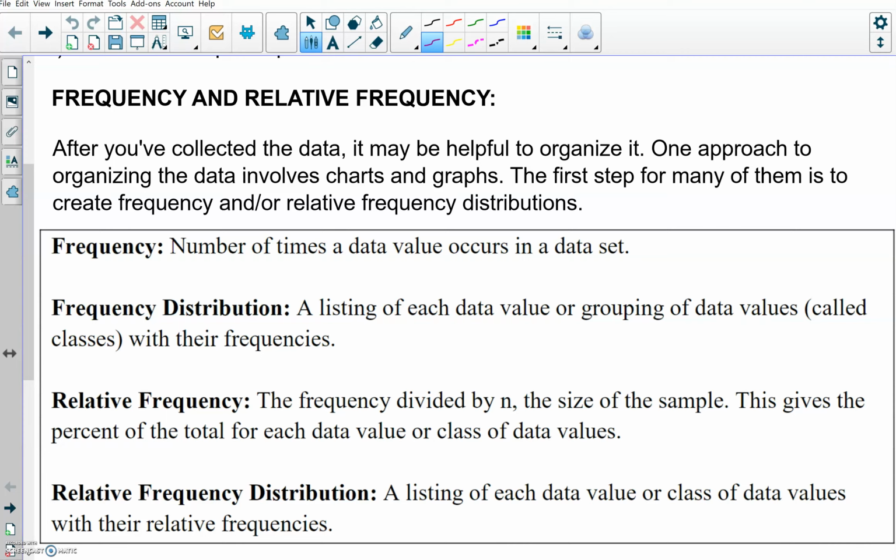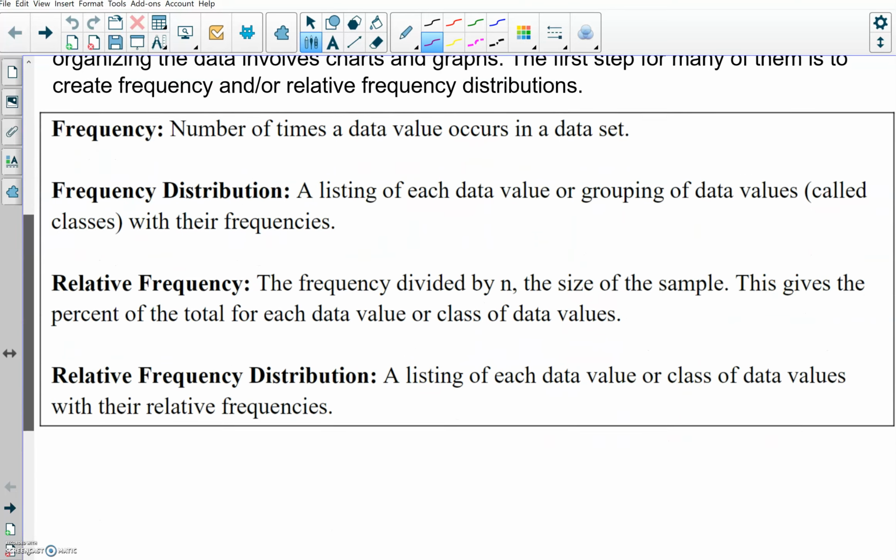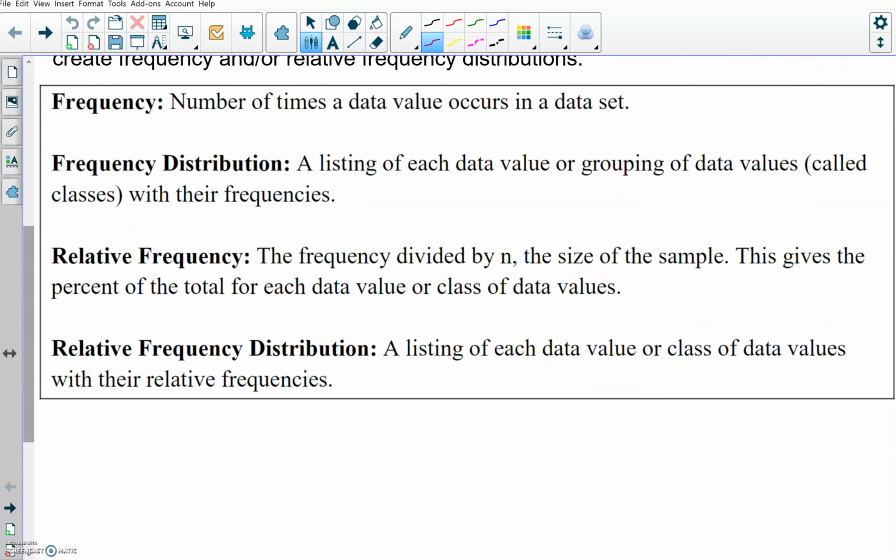So, frequency and relative frequency. As I said, organizing the data once you've collected it is important, and the first step in many cases is to create a frequency and/or relative frequency distribution. If you're thinking of frequency like radio frequency, that has not a whole lot to do with statistical frequency.